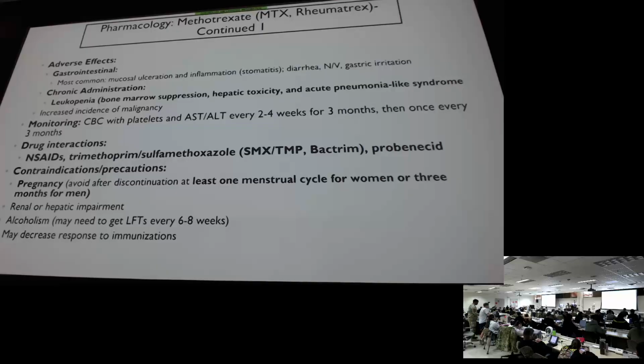For the methotrexate, it may decrease your response to it. And you have to know that for biologic agents, the TNFAs and the non-TNFAs, no live vaccines, because they decrease your immunity and the immune response. So a live vaccine could actually cause an infection in that patient.